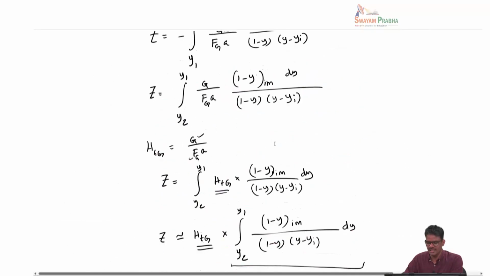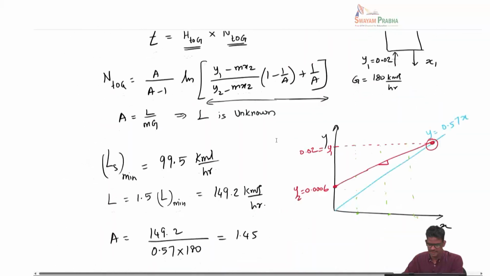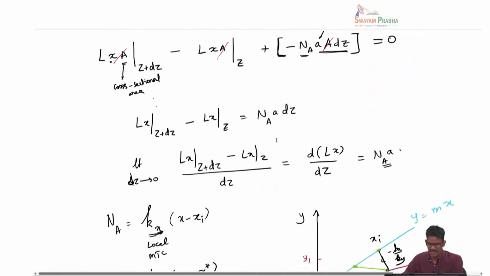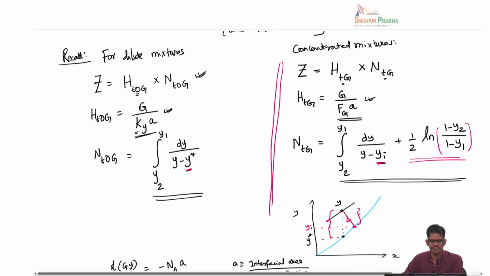But like I was saying, in the beginning of the class I said that for the dilute case I have a very nice separation of the terms, right, one that deals with HTOG and another one that is a simple integral of 1 over y minus y star. So I am trying to write this concentrated mixture also in a similar form.